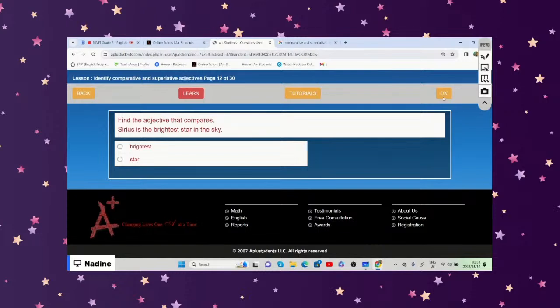So now, Sirius is the brightest star in the sky. If we select the adjective that compares, is it brightest or is it star?